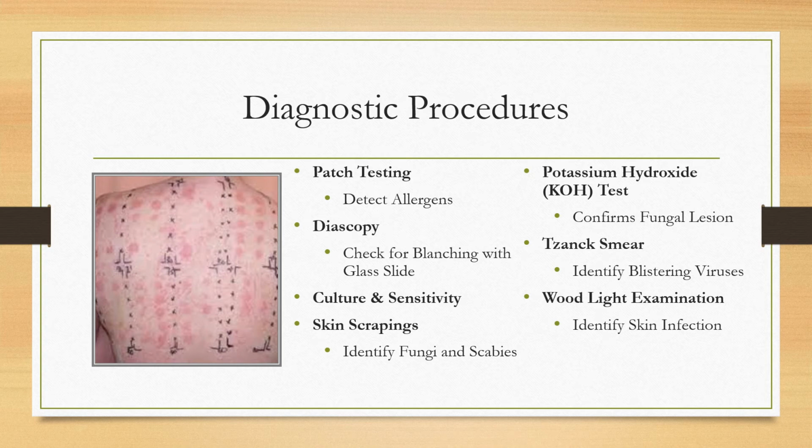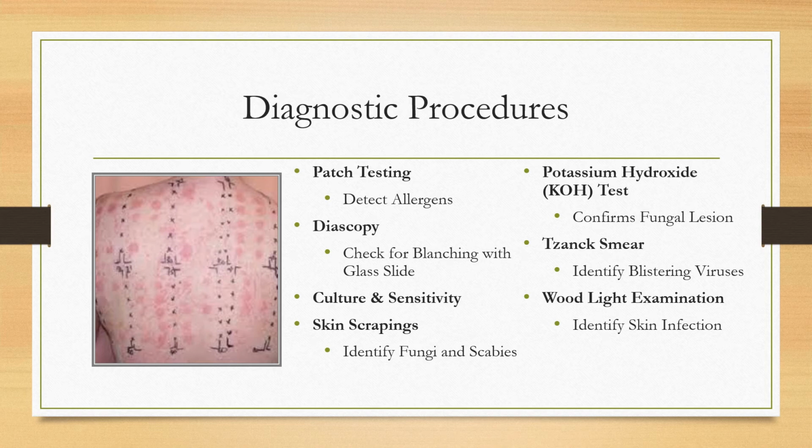And so we can send them for what's called patch testing, skin patch testing, and they get injected with all kinds of allergens that are labeled, and the response to the skin is assessed, right? So if there's absolutely no response, okay, you're not sensitive to that allergen. All the way up to, do you have a significant red raised area from a particular allergen? So that's what skin testing is.